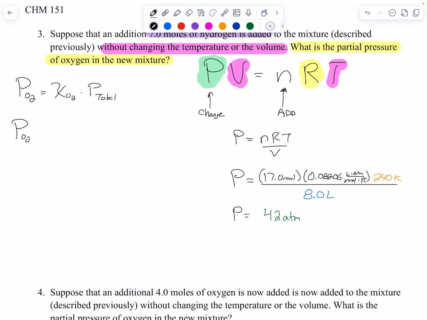I still have 2.0 moles, but now we have 17 moles total, times our 25 atmospheres. Not 25, sorry, guys. It was 25. It's now 42.